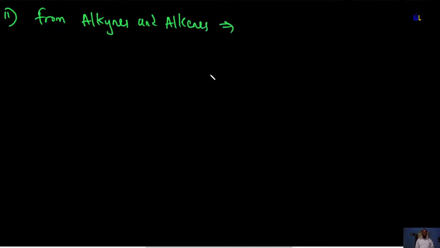If you are going to produce a halo organic compound from alkynes and alkenes, it is done by an addition reaction. Now, there are two major addition reactions. Let me just say something about addition reaction.